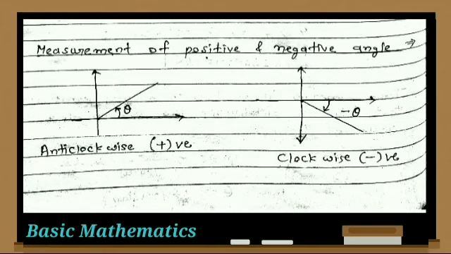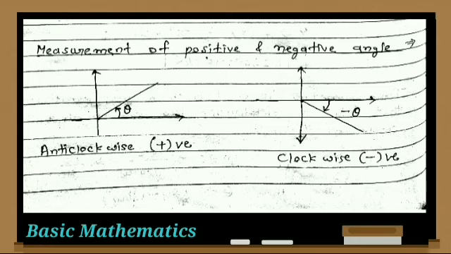Let's see another concept. The concept is about the nature of angle, the measurement of positive and negative angle. The angle has a positive and negative nature, but how does it work? Let's see the first figure.